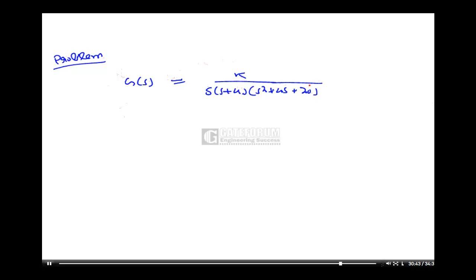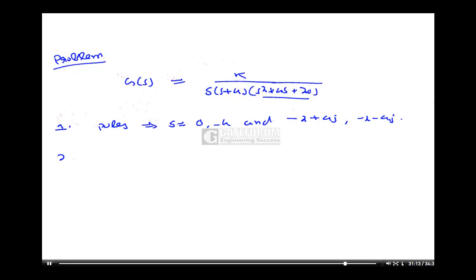I repeat again, this is for a unity feedback system, open loop transfer function. Now for this I need to draw a root locus. First I need to find the poles. Poles of this are s equal to 0, minus 4, and solving the quadratic equation equated to 0, I'll get minus 2 plus 4j, minus 2 minus 4j.